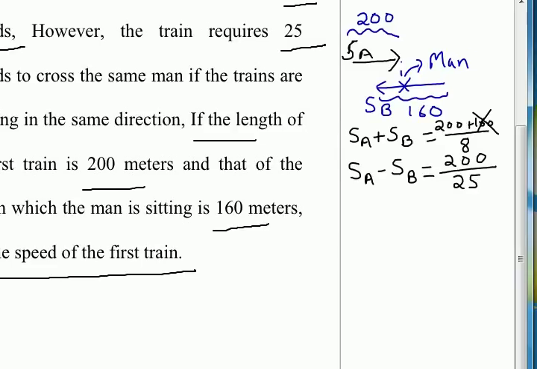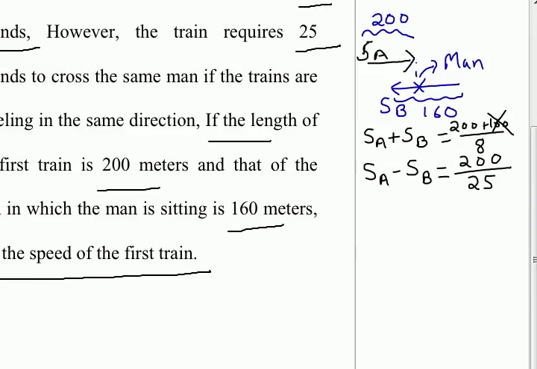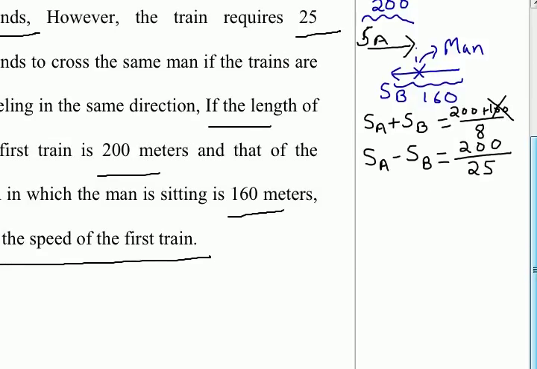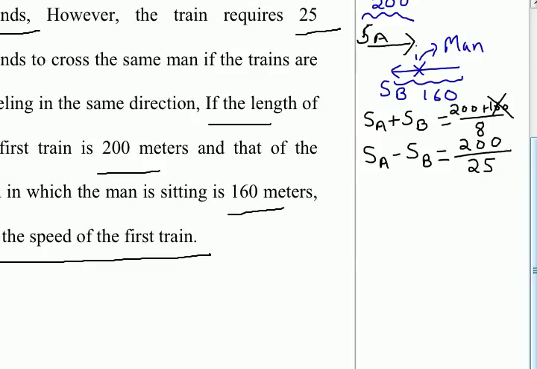So here we have two equations and two unknowns. So if you simply solve these equations, you should be able to get the speed of the first train. So let's do that quickly.